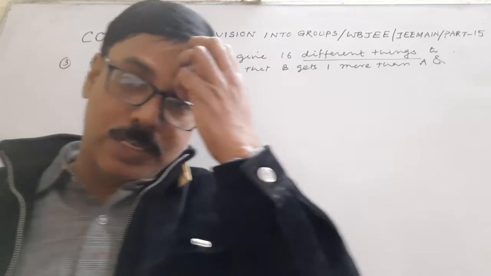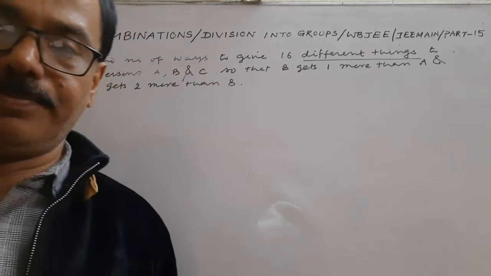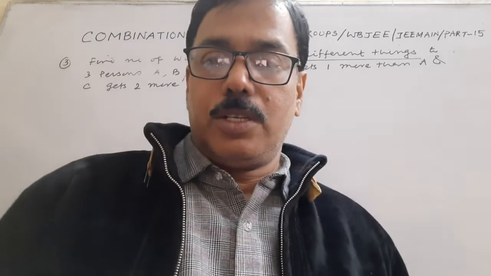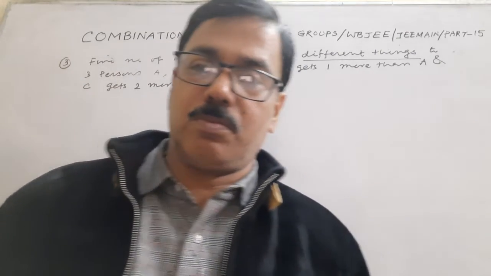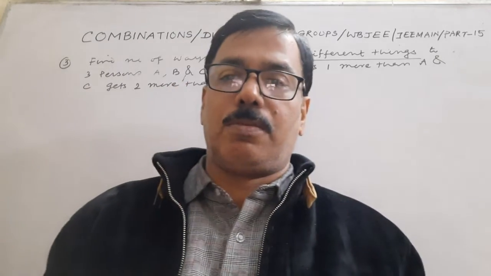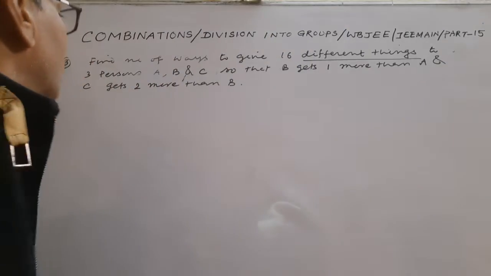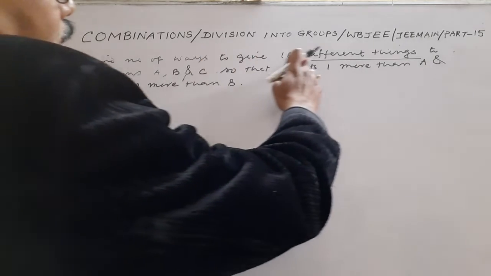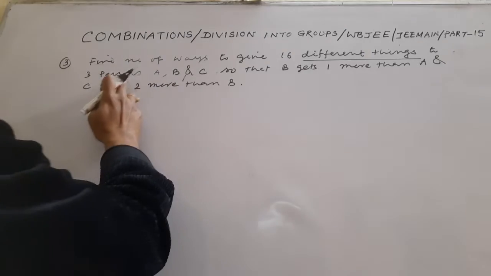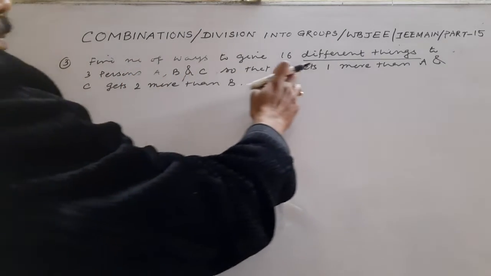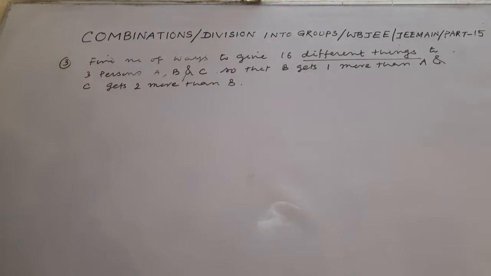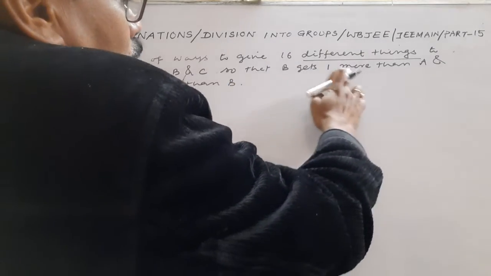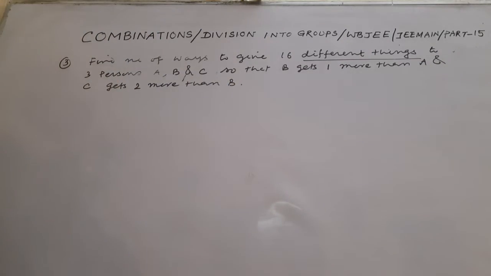Now consider one simple problem. These problems are from Cengage publications. Find the number of ways to give 16 different things to 3 persons A, B, C, so that B gets 1 more than A and C gets 2 more than B. So B gets 1 more than A, so A is the least.